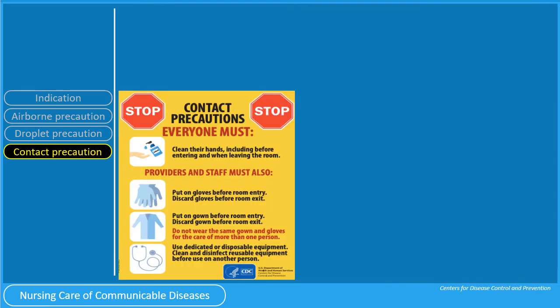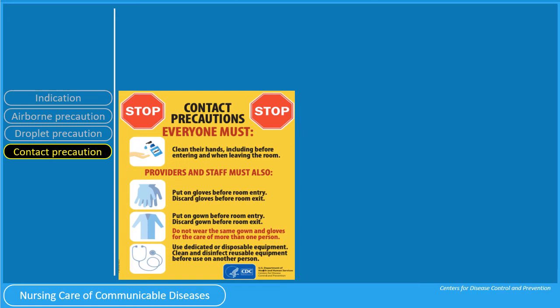This is a signage placed on doors of patients with contact precaution. It reminds everyone entering the room to clean their hands, including before entering and when leaving the room. It also reminds healthcare providers and staff to put on gloves before room entry and discard the gloves before room exit, to put on the gown before room entry and discard gown before room exit, and do not wear the same gown and gloves for the care of more than one patient.